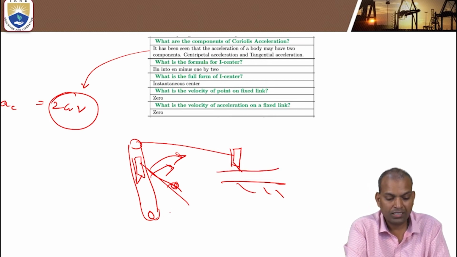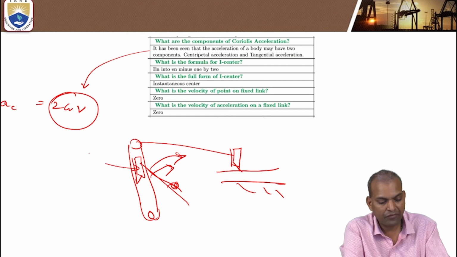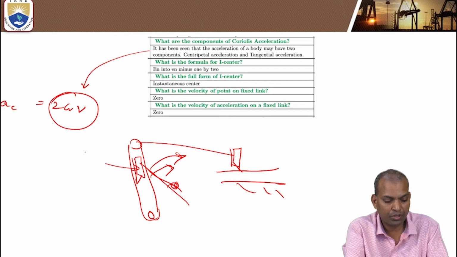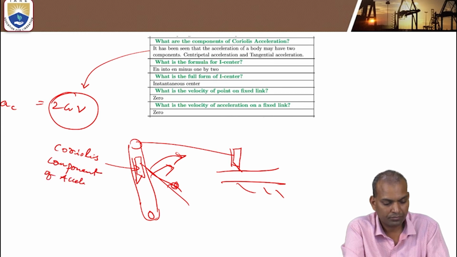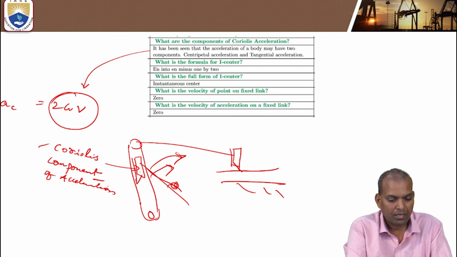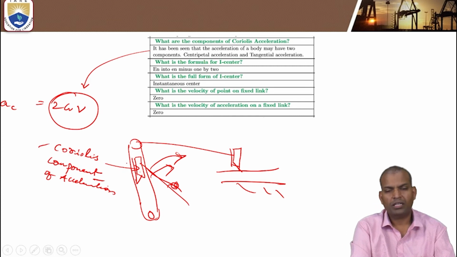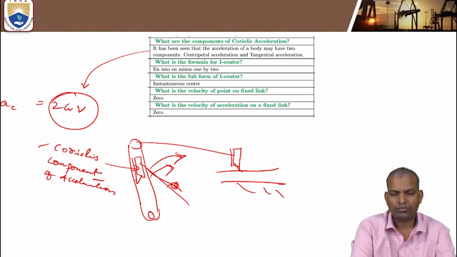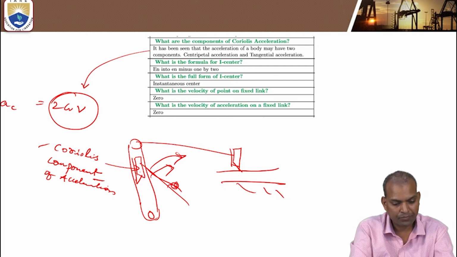The point is that this slider has the acceleration of that component. That is known as the Coriolis component of acceleration, or Coriolis acceleration. These are the definitions related to the velocity and acceleration diagrams, and it comes under the category of relative velocity method.